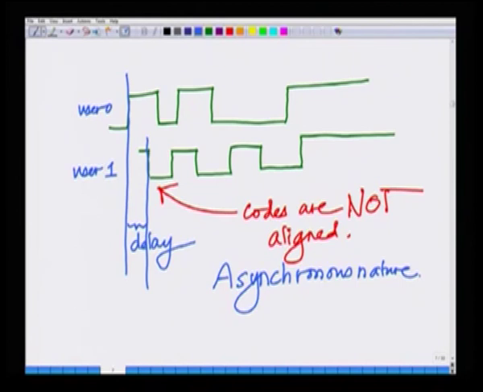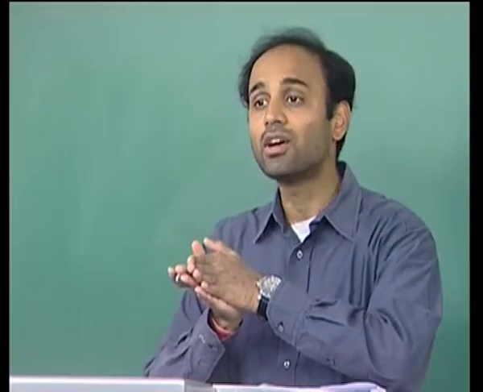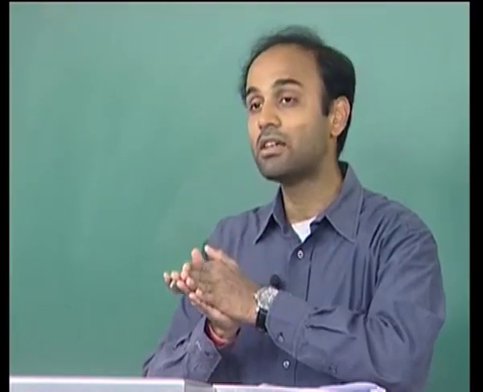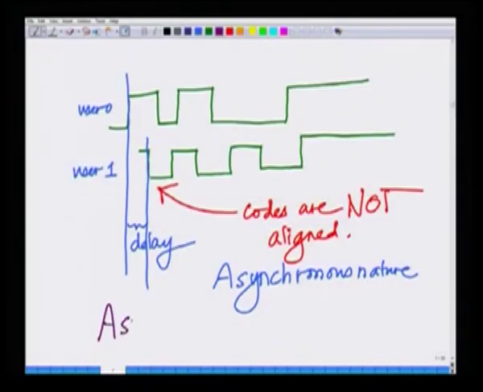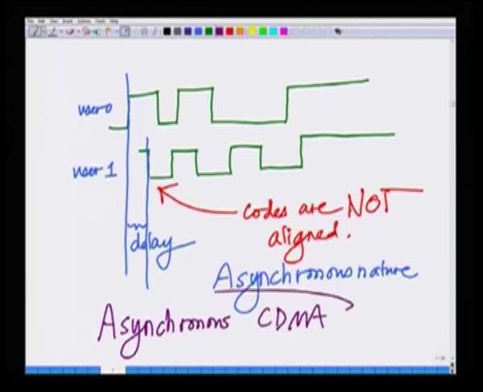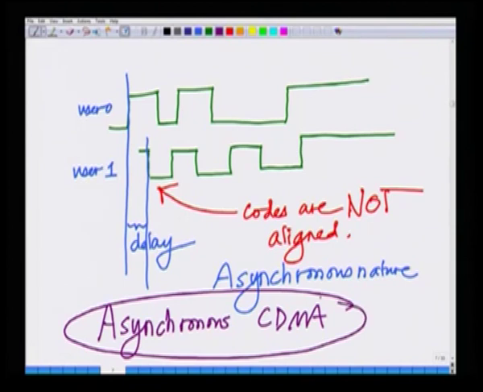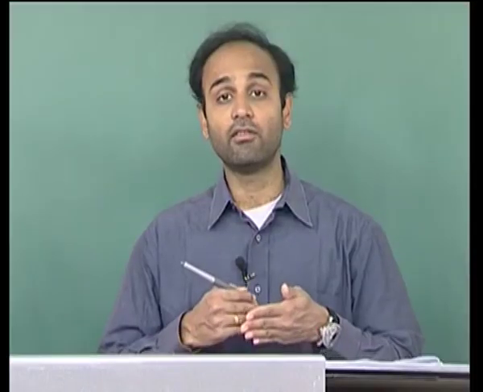The code sequences' edges are not synchronized, and this sort of CDMA scenario is known as asynchronous CDMA. One of the remarkable aspects of CDMA is that it can work perfectly well without synchronization.